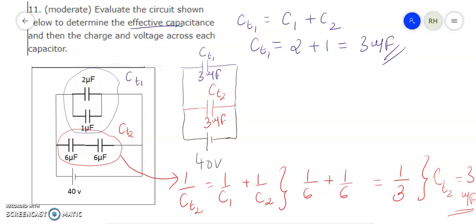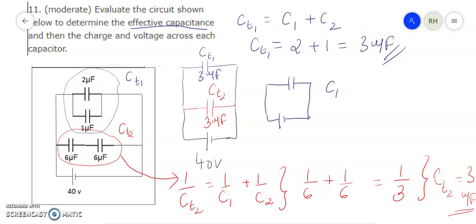Now you need to find again an effective capacitance. So you will break these two into one single capacitor. So that's going to look like this one. Again this circuit is now in parallel format, right? So how do you break this? Again the same one.